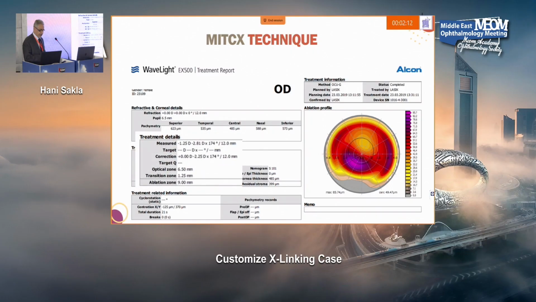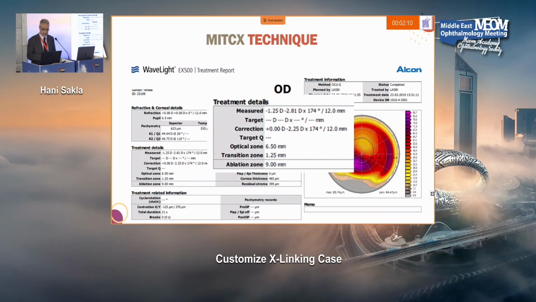Here we see in the treatment details that the measured was minus 1.25, but we did not include this in our treatment. Only part of the astigmatism, to save the tissue and to be able to do an optical zone of 6.5, ablation zone 9 millimeter.